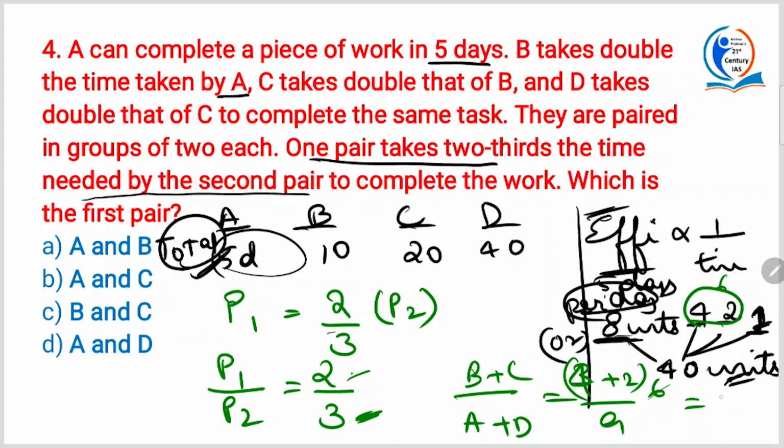This is equal to how much? 3 2s are 6, 3 3s are 9. So A plus D is a pair, B plus C is a pair. Now what are they asking? Which is the first pair? One pair takes 2/3 of the time needed by the second pair. So first pair is B and C. What is the second pair? It is A and D.